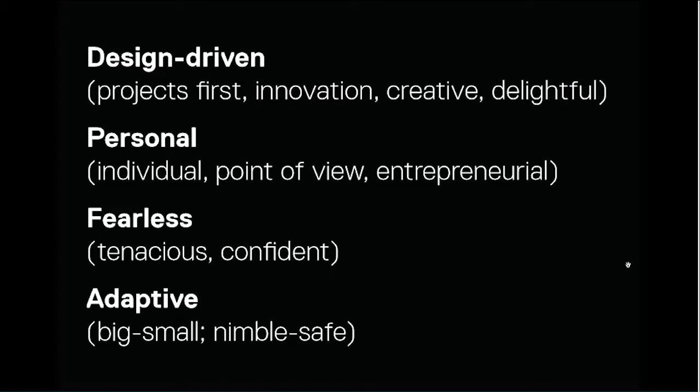We ended up with four, and they are design-driven, personal, fearless, and adaptive. And combined, these attributes, I think, not only describe who we are, but also talk about aspirations and what we would like to be as a world leader in landscape architecture and great designers building great projects.